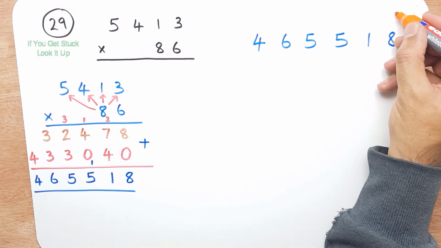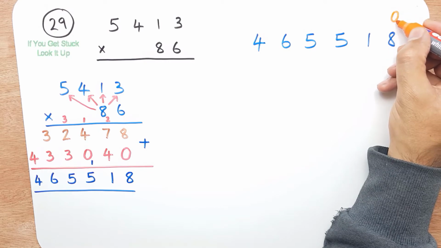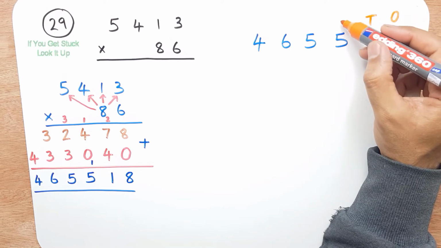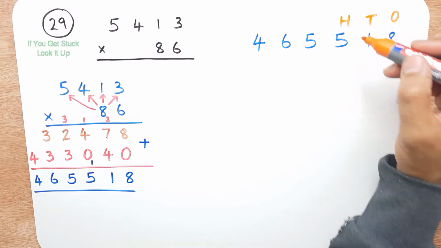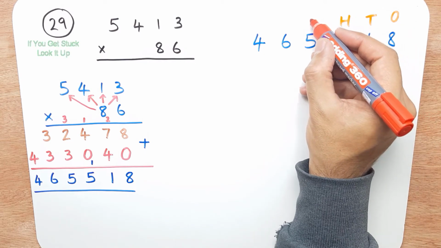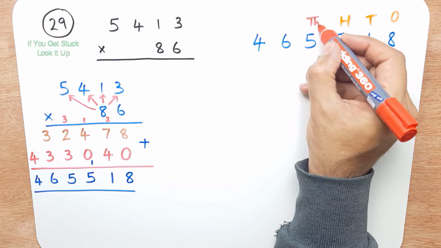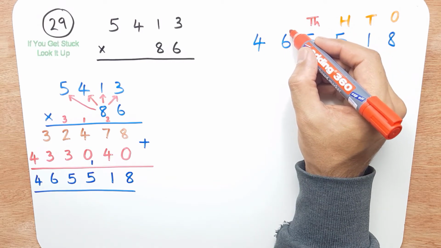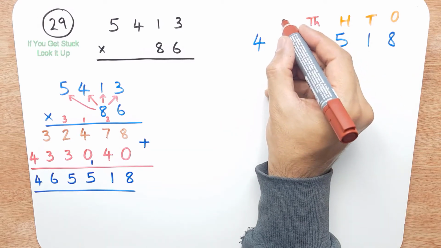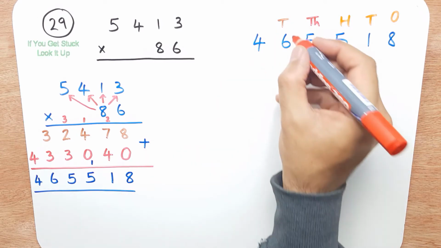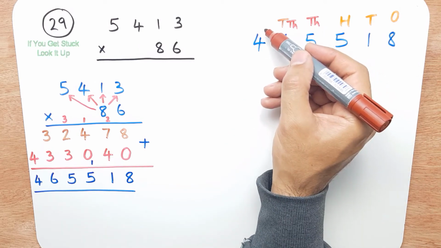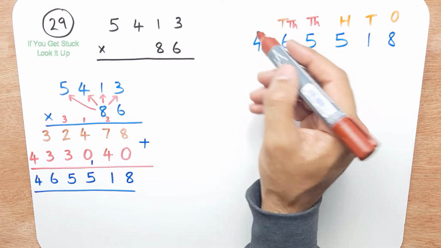So the first column is the ones or the units column. Then it's the tens column. And then it's the hundreds column. Then you have the thousands column. And the tens of thousands column. Then we have the hundreds of thousands column.